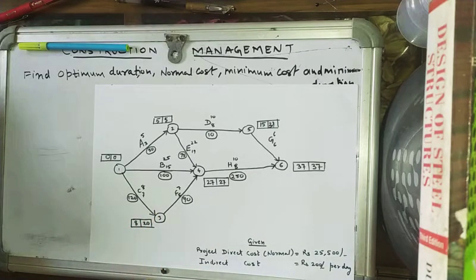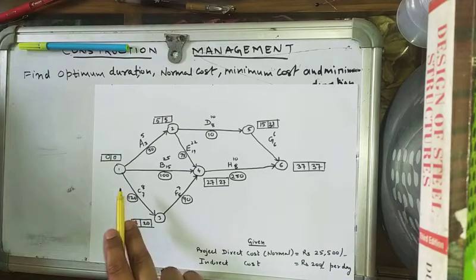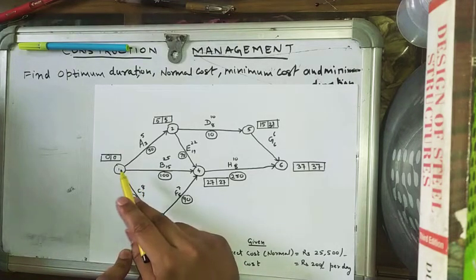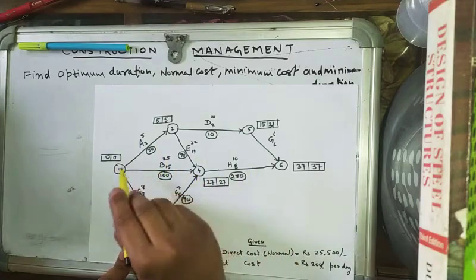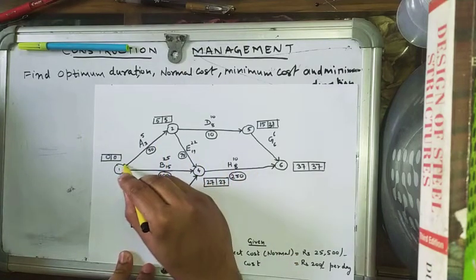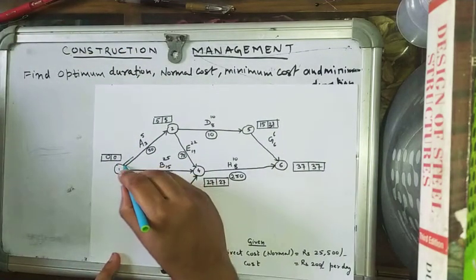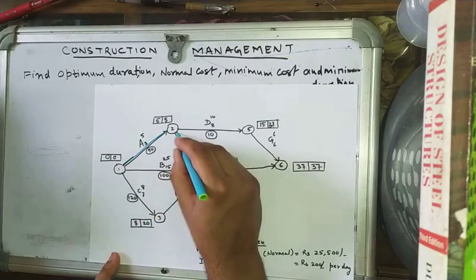For how we calculate EOT and LOT values, you can also refer to the previous videos. Now we just write down the steps. What is the critical path? The critical path is 1, 2, 4, 6, or A, E, H. We'll draw the critical path. This is the critical path.